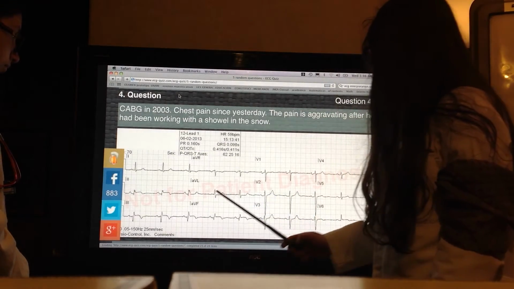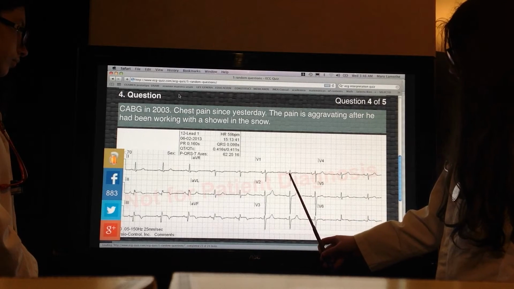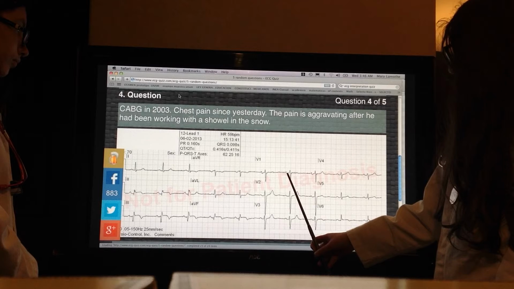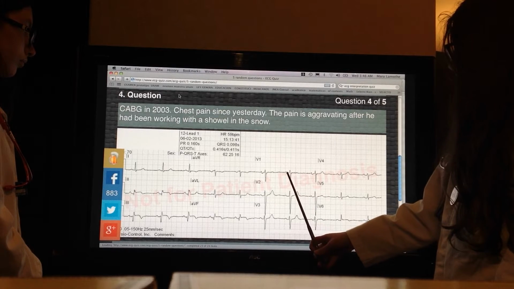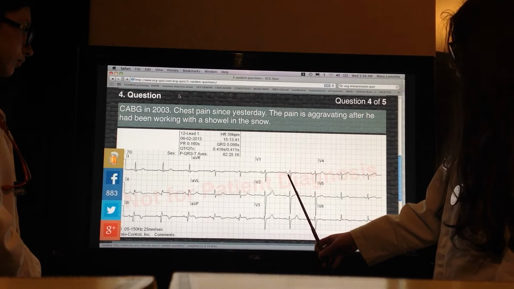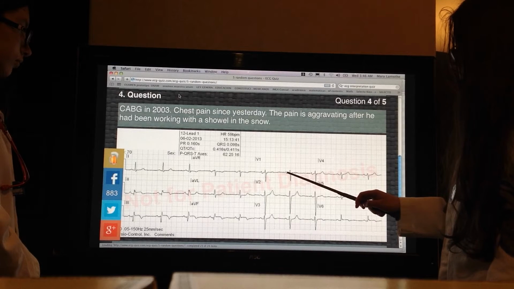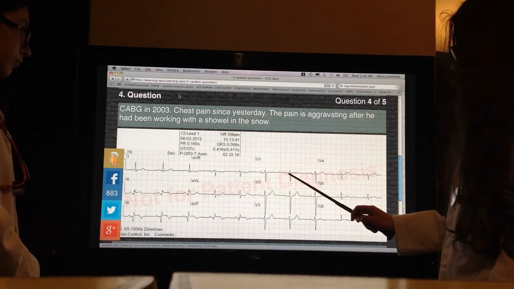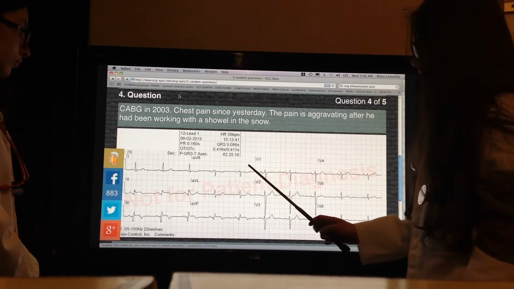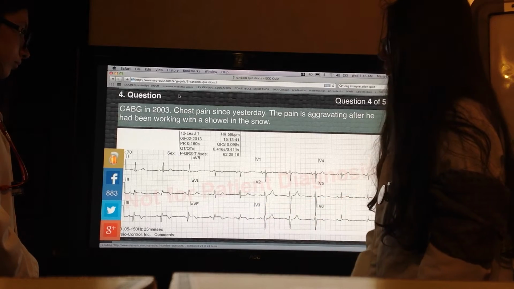And in V1, if the P is biphasic, the part in which the P is negative has to be greater in amplitude than 0.1 millivolts, and has to be greater in width than the positive part, which it is. So probably this patient has a hypertrophy of the left atrium.